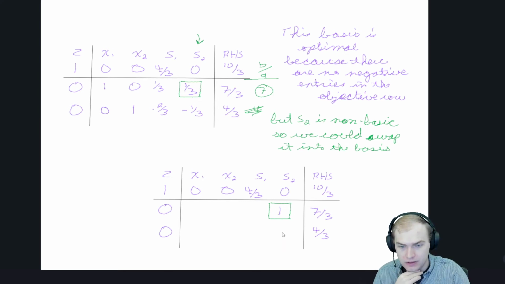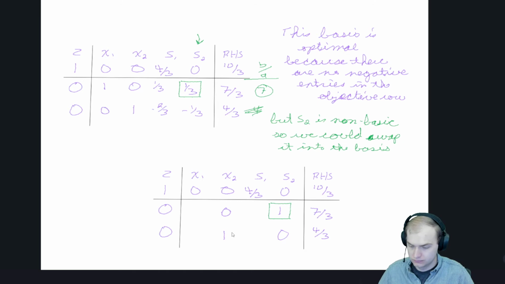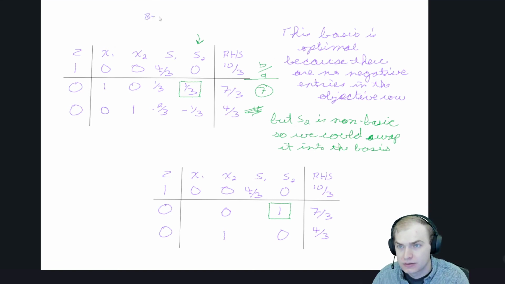We're going to end up with a 1, 0, and we swapped out x1, so x2 is still in. 0, 1 in x2. That's what we want to end up with. So our basis has transitioned from, or will transition from x1, x2 to s2, x2.